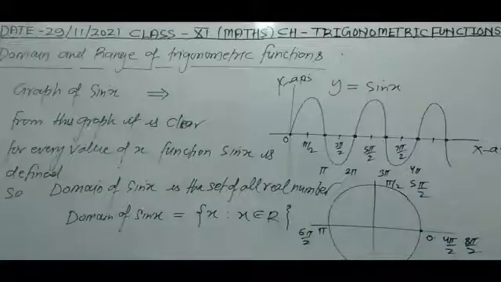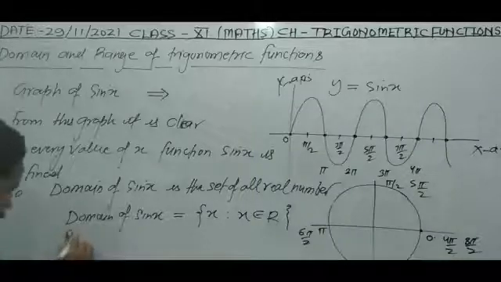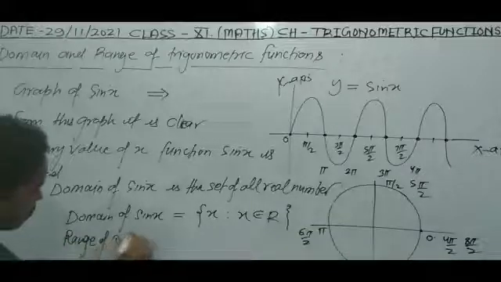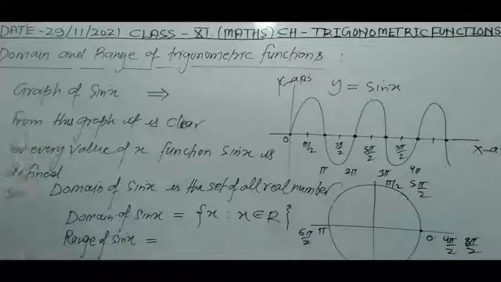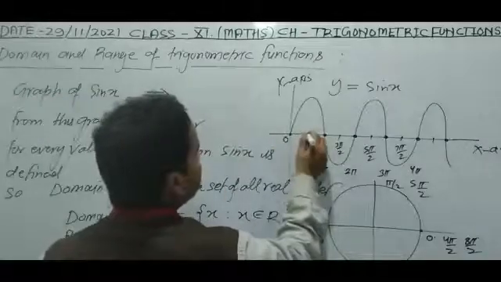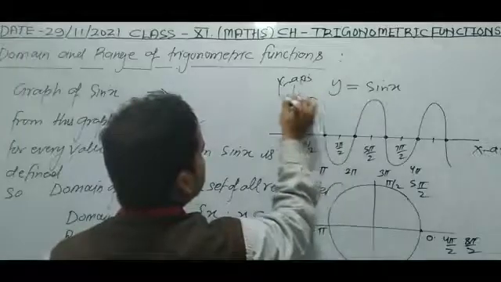Now, what is the range of sin x? From this graph, it is clear that the value of sin pi by 2 is 1.